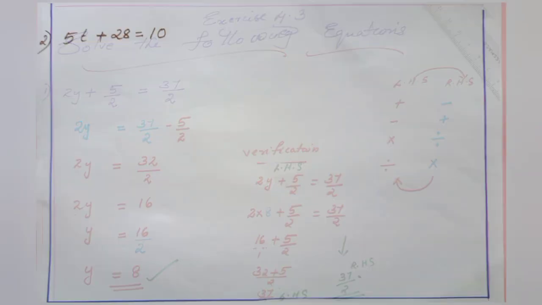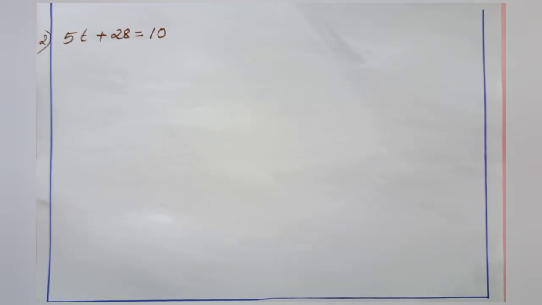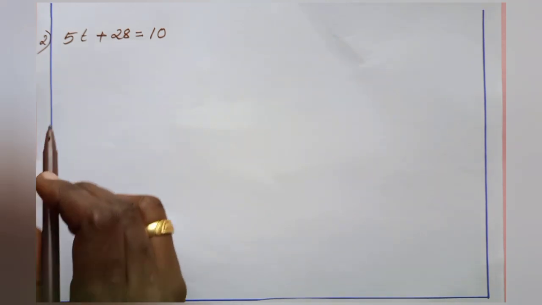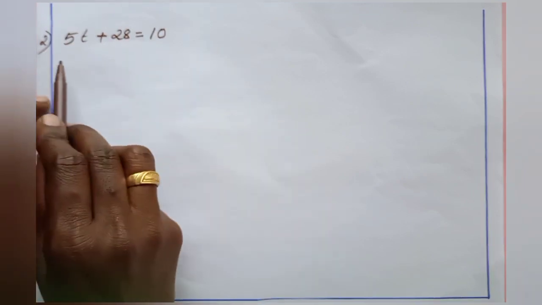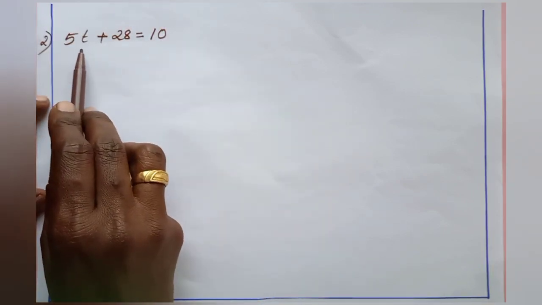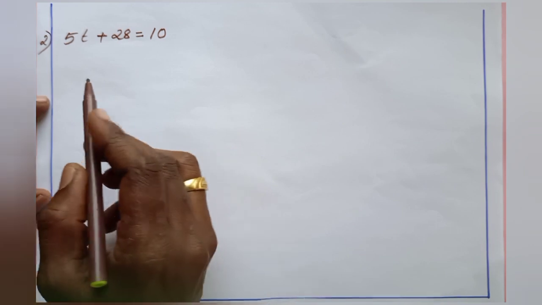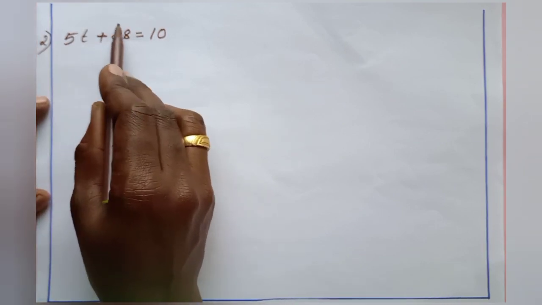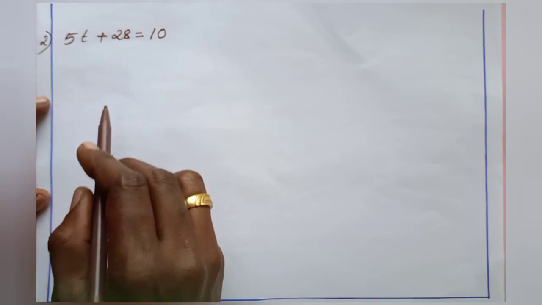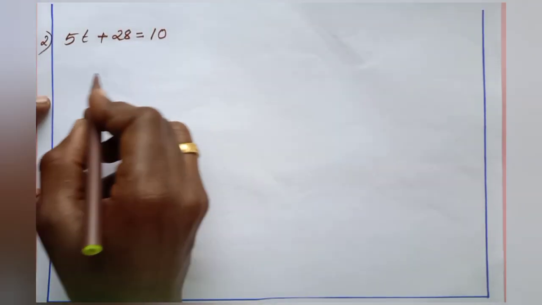Okay. Listen, the second question. 5t plus 28 equal to 10. To solve, that means to find the solution of this equation, the value of t satisfying this equation. Take this positive 28 on the left side and transpose it to the right side.